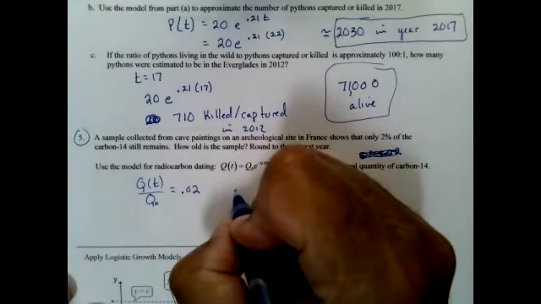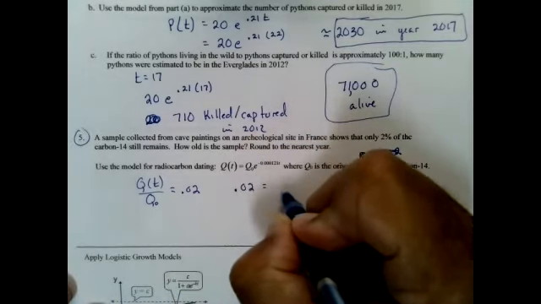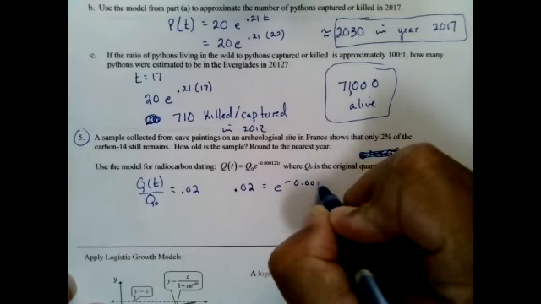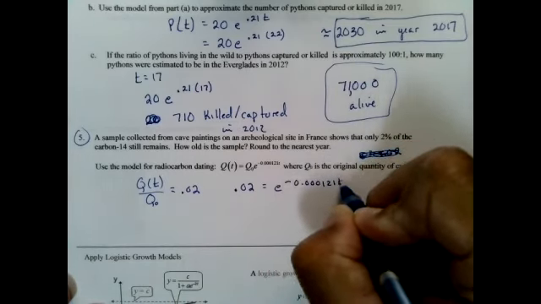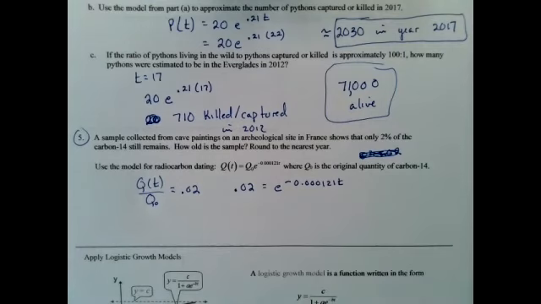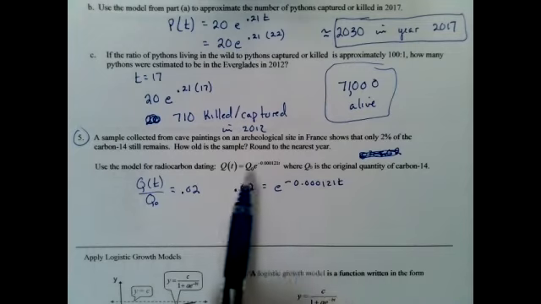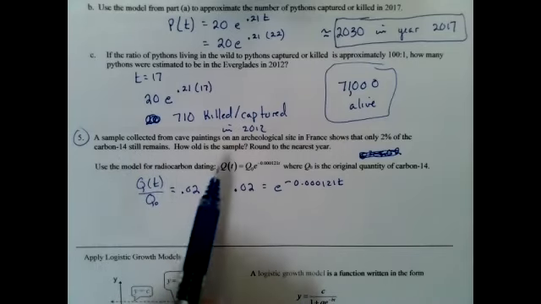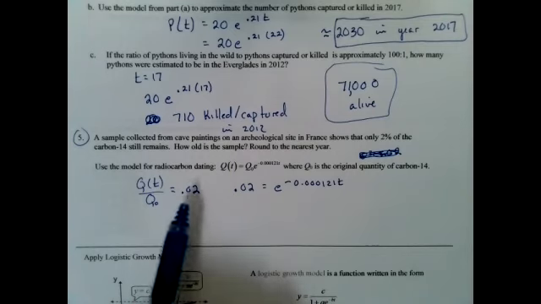But what you end up with is 0.02 equals e to the negative 0.000121 t power. Now, this is where math being a partner discipline comes into play. You're not an archaeologist. You're not getting this whole carbon dating and how this amount divided by that amount gives me the 2% remaining.